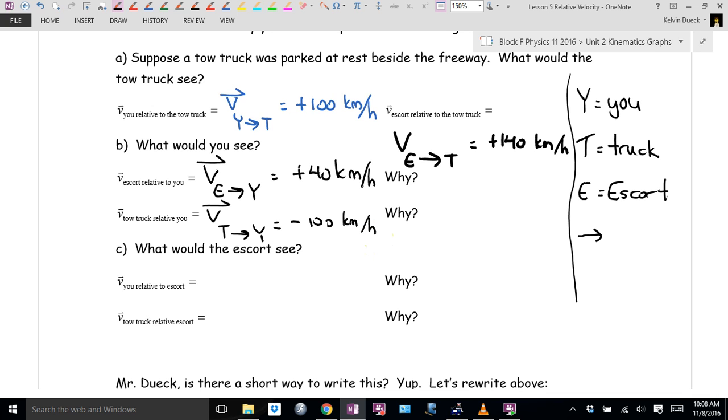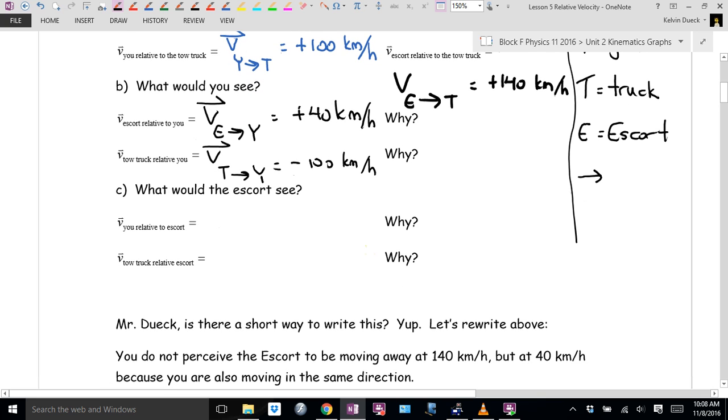What would the Escort see? Okay. What would the velocity of you relative to the Escort be? So as the Escort is approaching you from behind, they would see your taillights getting bigger and bigger, as though you were backing up, mathematically.